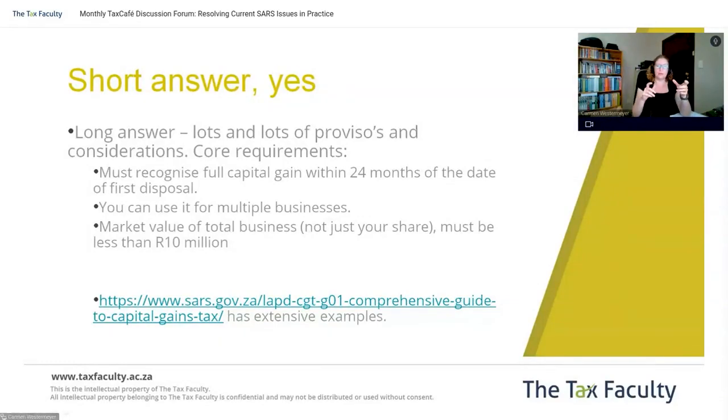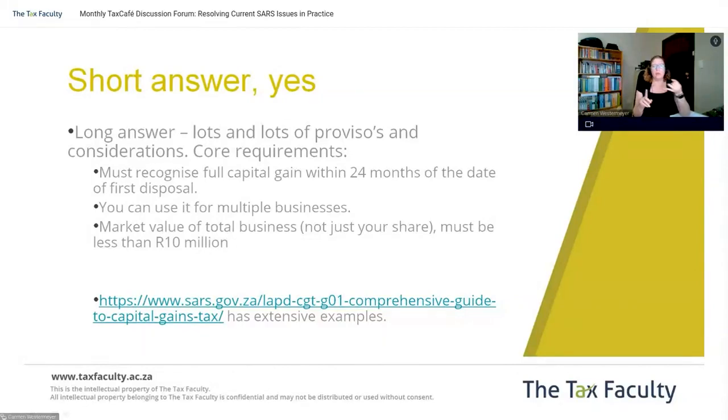So if you are selling your operations piecemeal, you can't sell a portion now and a portion in 6 months, in a year's time, and then another portion in 3 years' time. You have to do a wholesale sale, right?